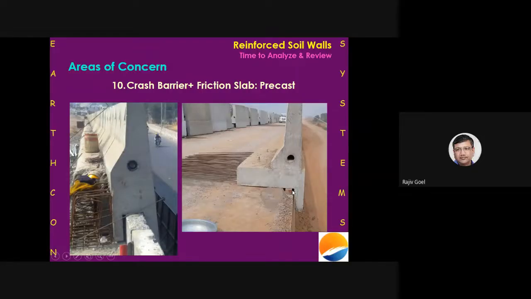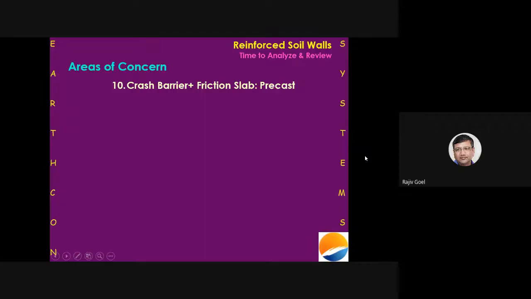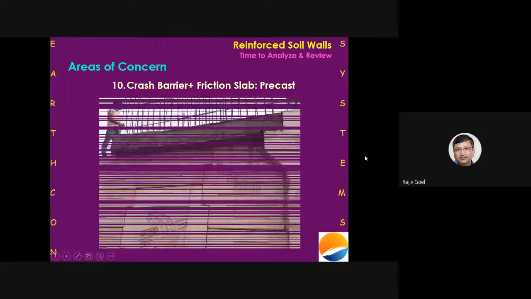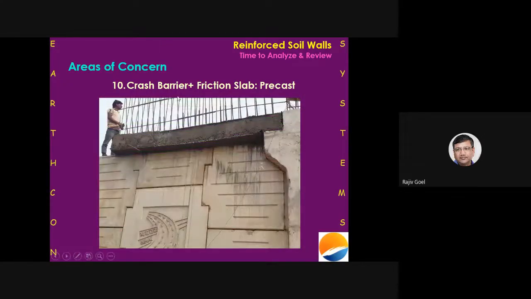So this is what should have been done, but did not happen. Okay, I think I've already said about this. Resting on the fascia panel, this corbel, which we discussed some time back, that should be incorporated. This is my request to all my structural engineering friends.